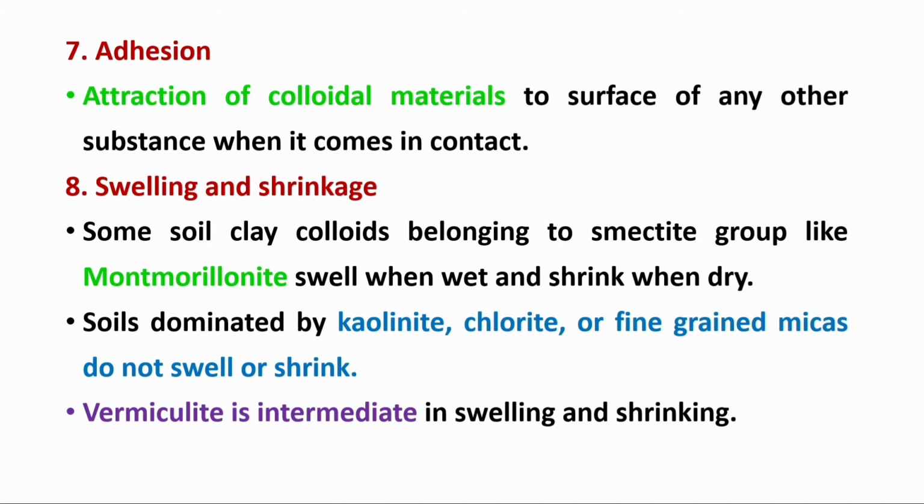Next important character of vertisol and black soil is swelling and shrinkage. Examples of soil clay colloids exhibiting this character belong to the smectite group like Montmorillonite. Kaolinite, chlorite or fine-grained micas do not swell and shrink, while vermiculite is intermediate in this character.